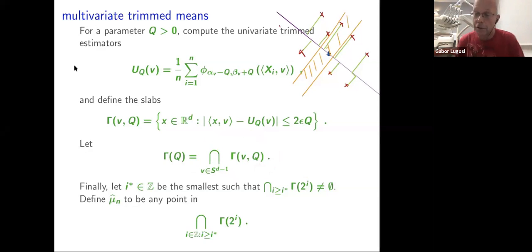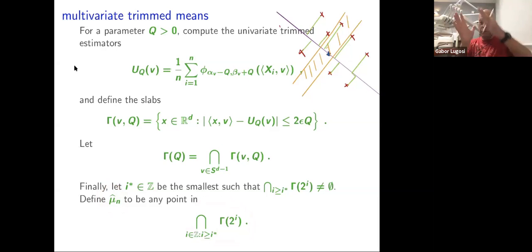Well, this can be chosen automatically because we can just choose the smallest value on this dyadic grid where this intersection is non-empty. When it still has at least one point, that's the value we take for it. Our estimator is just an arbitrary point in this set.